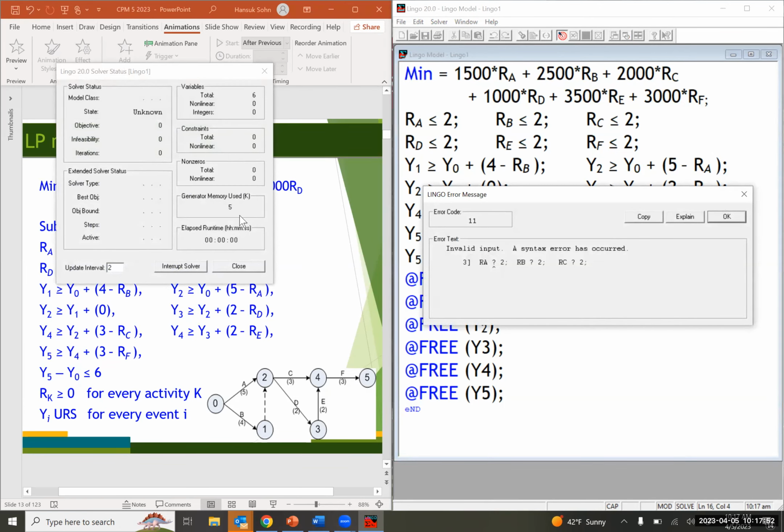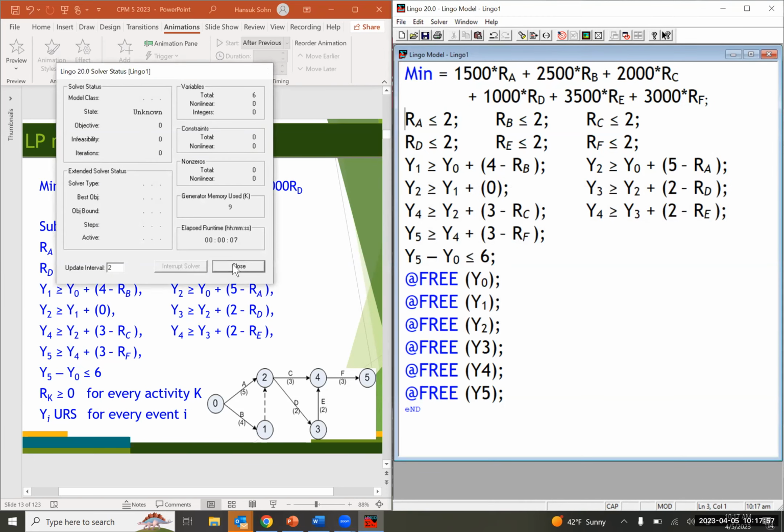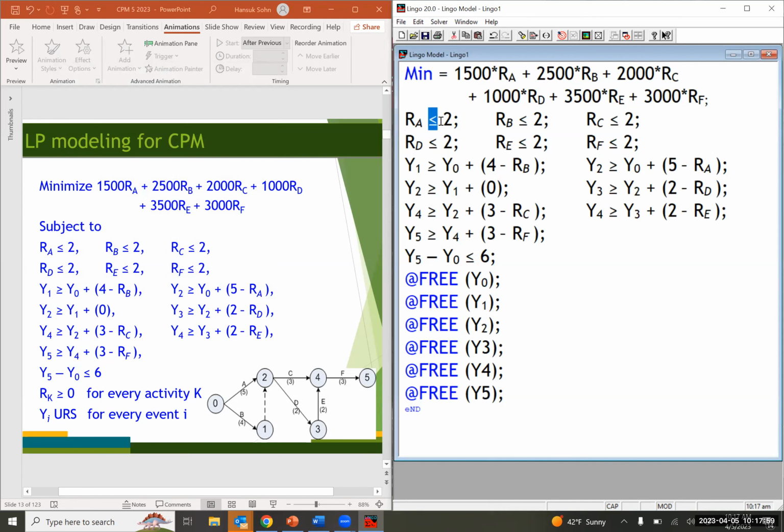Oh, okay, I got it. Lingo does not recognize the symbol, so I need to change to less than or equal, like this.